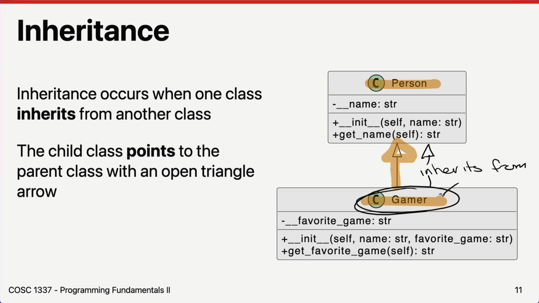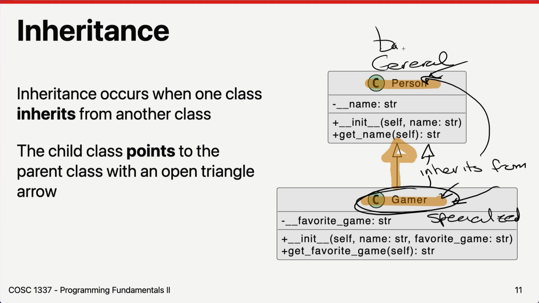So in this case, gamer inherits from person, which means gamer is a person. This is a specialized kind of person, whereas person is just the generic or general person object. So this is the base class, and this is the child class, or the subclass, or the specialized class.